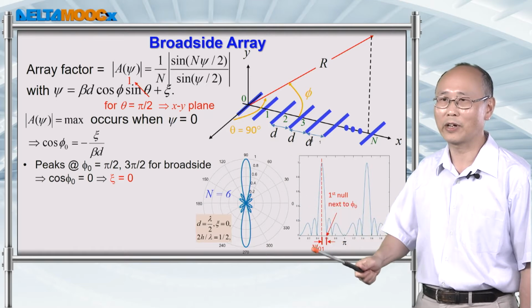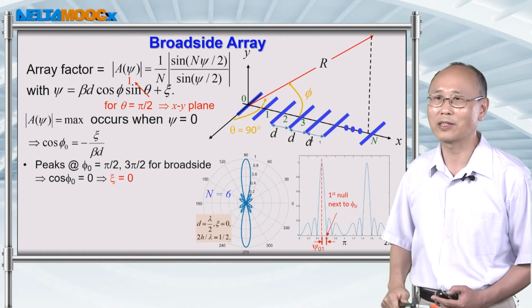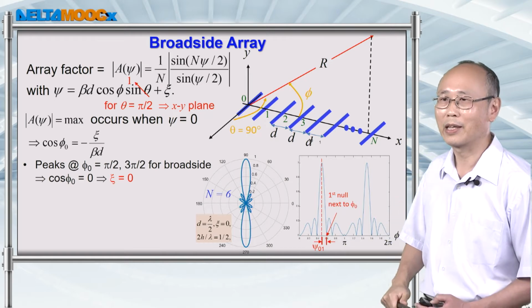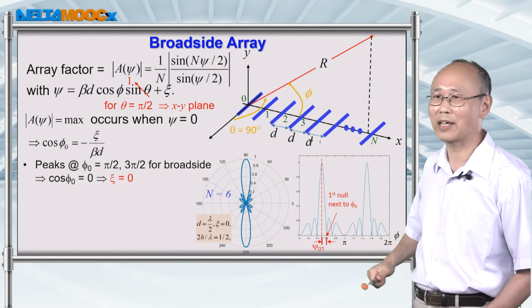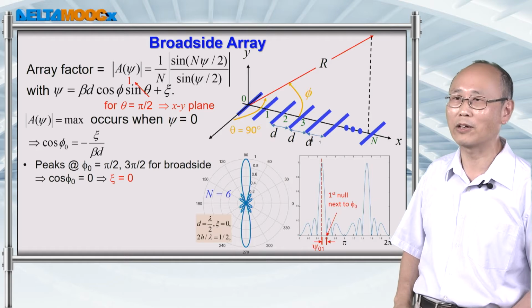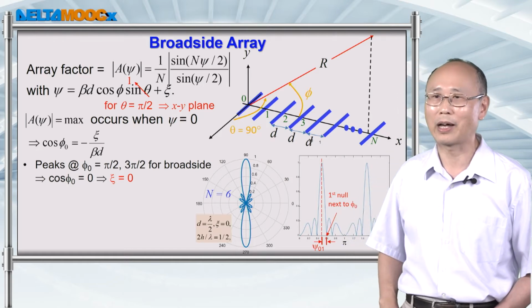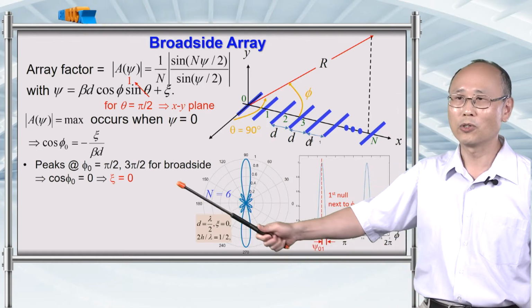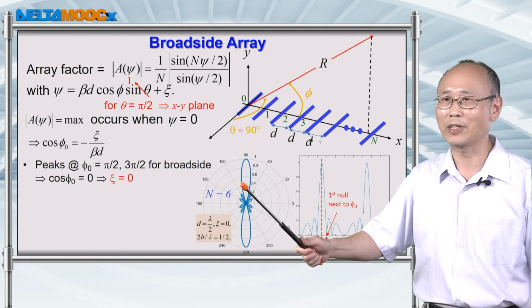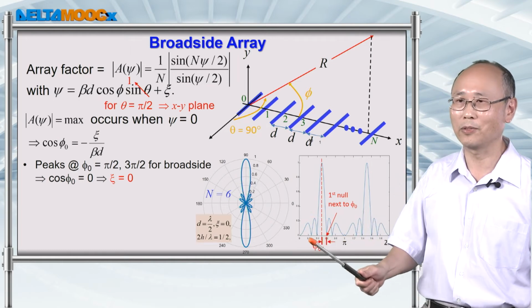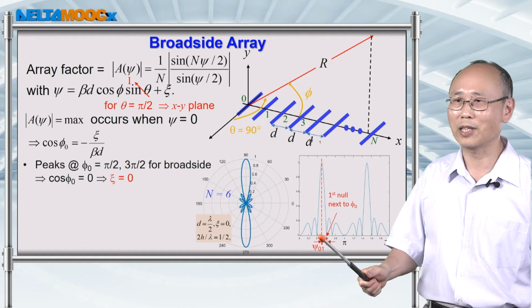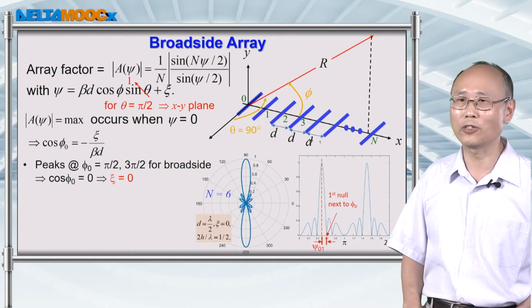On the vertical axis, we have the intensity of the radiation, and the horizontal axis tells you the angle where you have the radiation. So the width of this beam is going to be the distance between the nulls of those radiation lobes.